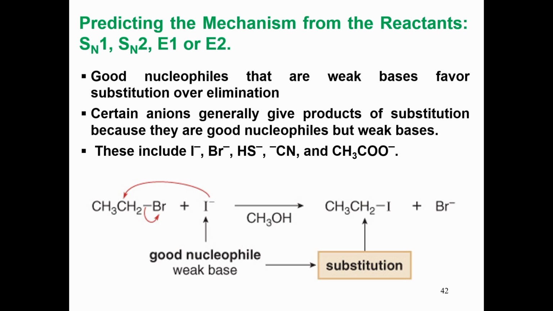Certain anions give substitution products because they are good nucleophiles that are weak bases. These nucleophiles can be bromide, iodide, cyanide, or carboxylate. So when I see this in a reaction, instead of elimination, substitution reaction will predominate.